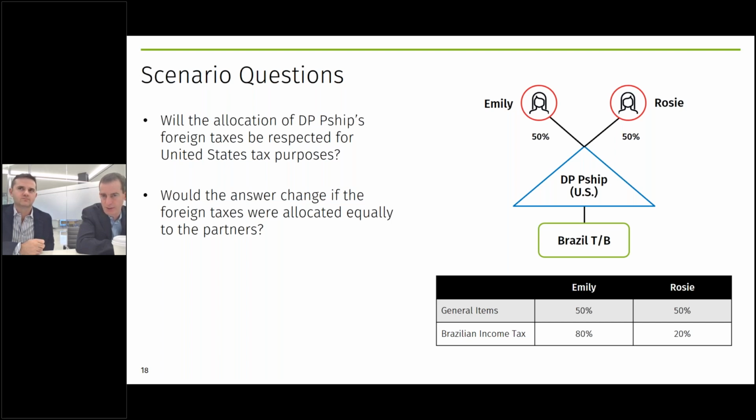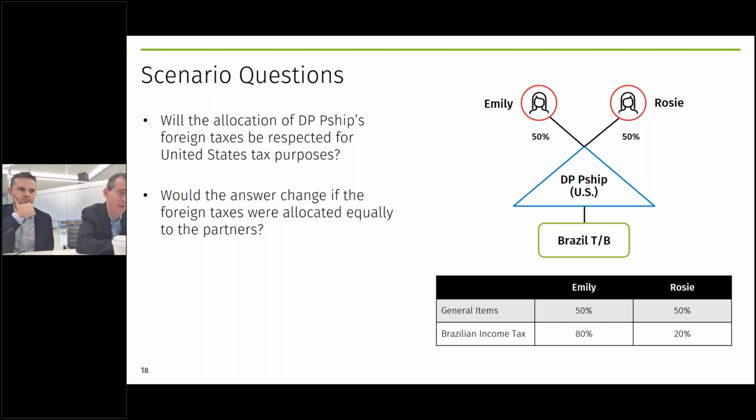And that category's income is allocated 50-50. So that income forms the base upon which the taxes were incurred. Right. And so the taxes then need to be allocated on the same basis as the income in that single category. So the taxes needed to be allocated on a 50-50 basis. It wasn't, and therefore it flunks the safe harbor.